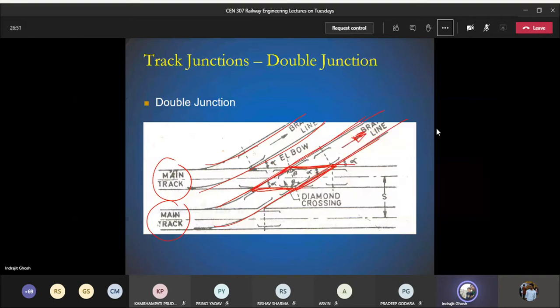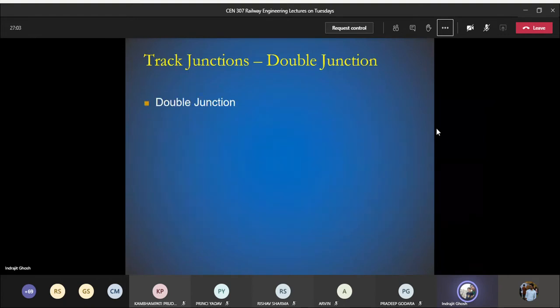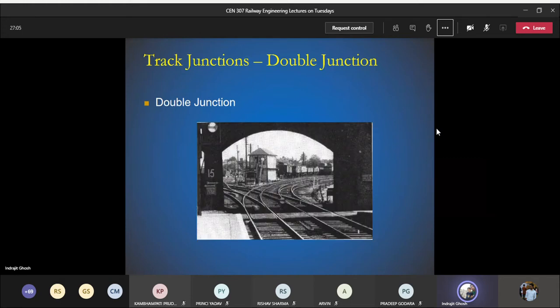So turnout, turnout and diamond crossing. So it is a double junction, but only for the main track. This is a very old photo, but here also you can see two lines are going. Here also two lines are going. Double junction.